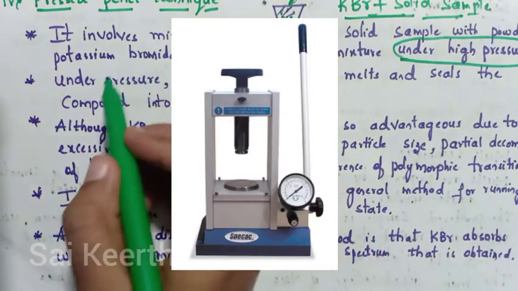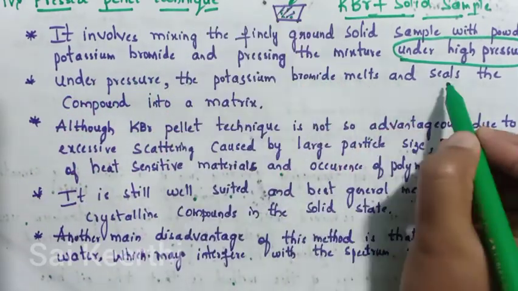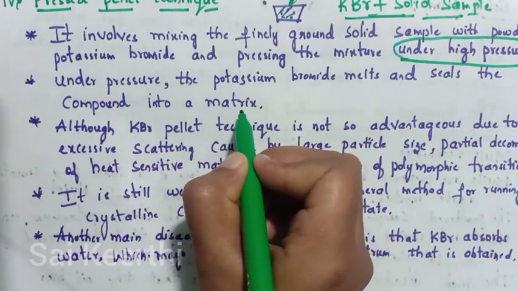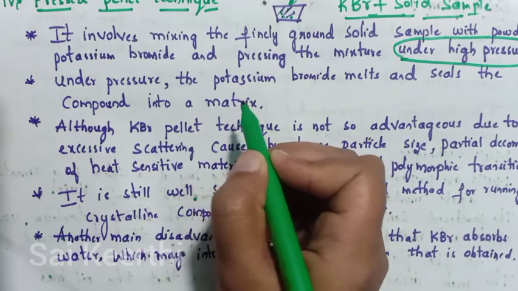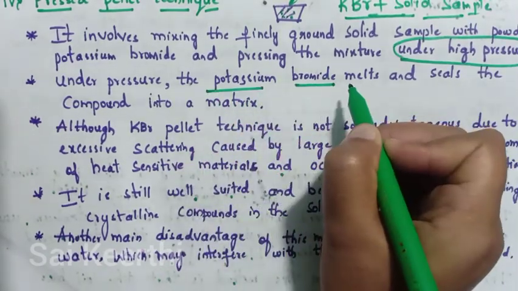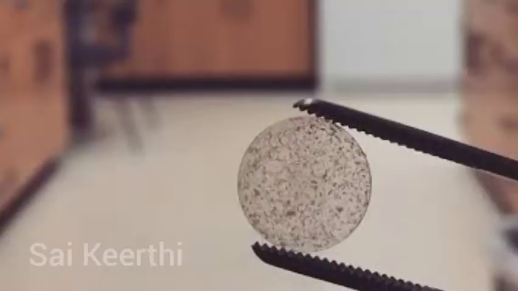Let's read the second point. Under pressure, the potassium bromide melts and seals the compound into a matrix. So when we apply the pressure by the hydraulic press, the potassium bromide gets melted and we will obtain a pellet like this.